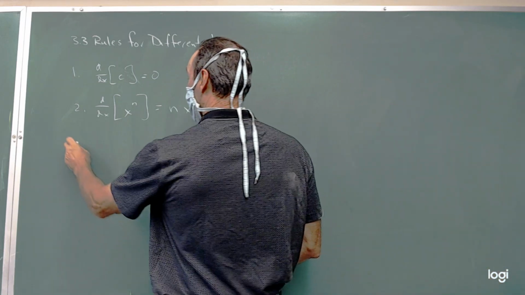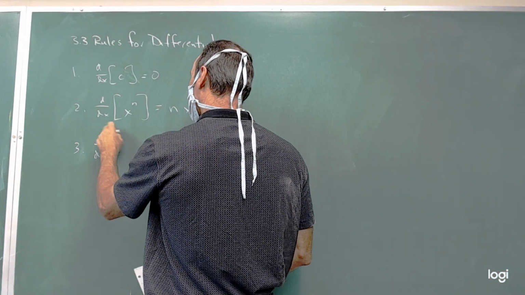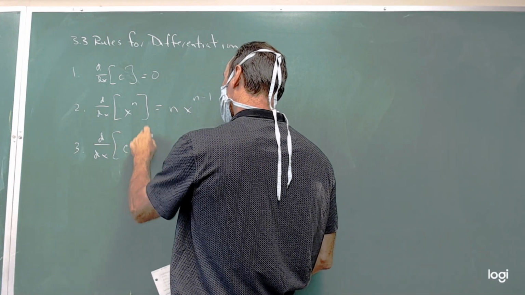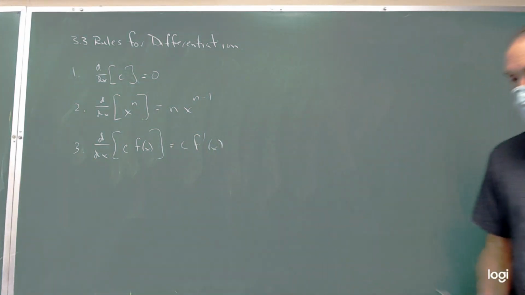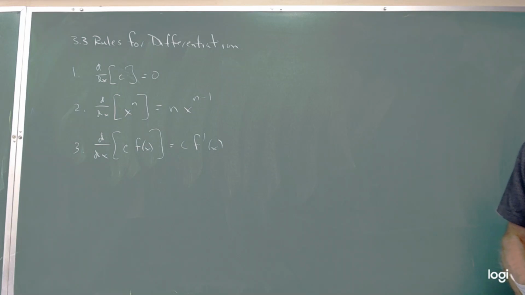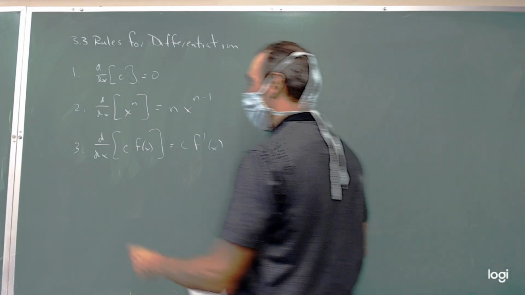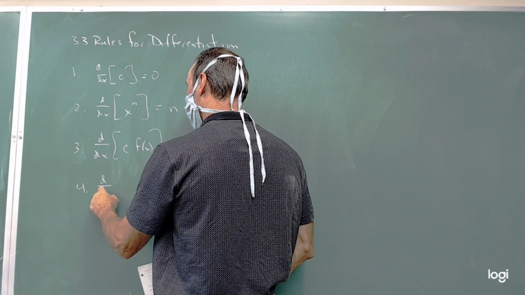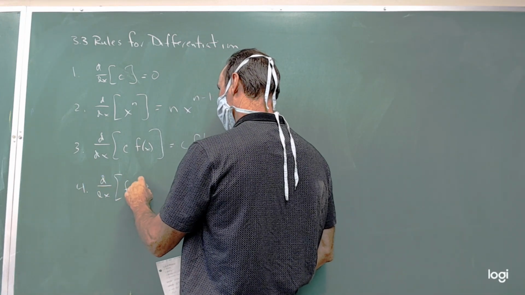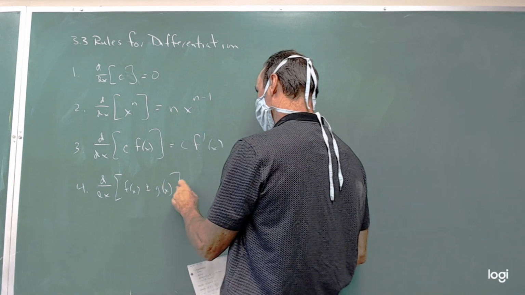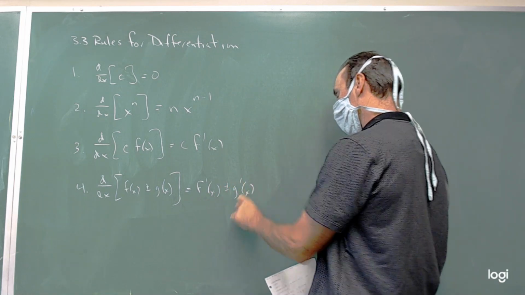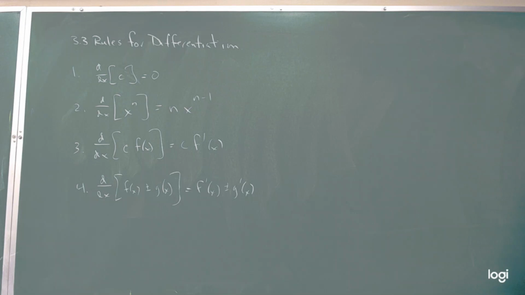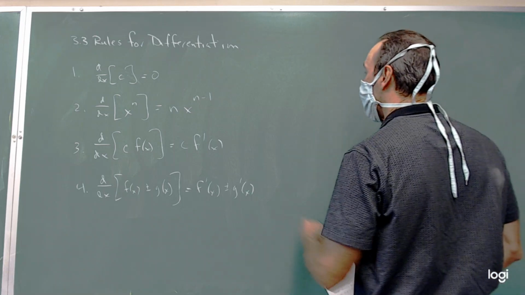We know that the derivative of a constant times a function is the constant times the derivative of a function. And we know the derivative of the sum or difference of two functions is the sum or difference of their derivatives. Which means we can find the derivative of any kind of polynomial-like function.